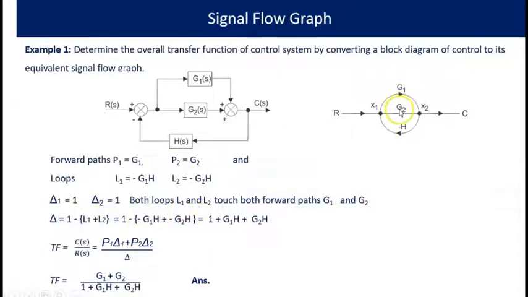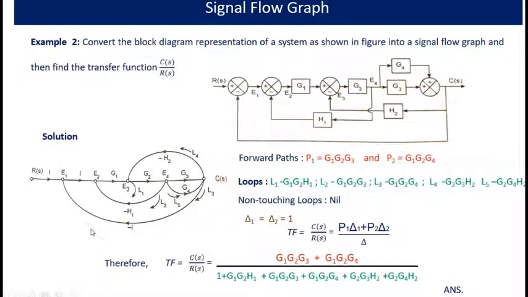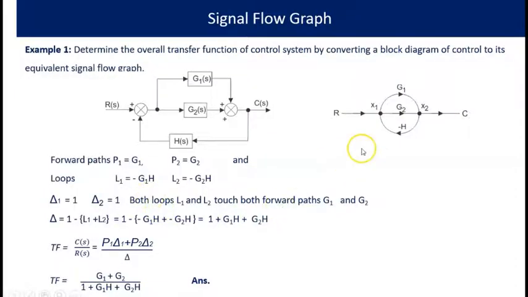All the loops are touching the corresponding forward path, and delta is equal to 1 minus (L1 plus L2), that is 1 minus (minus G1H plus minus G2H). So delta is equal to 1 plus G1H plus G2H.